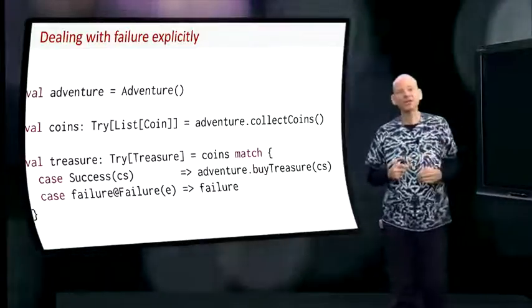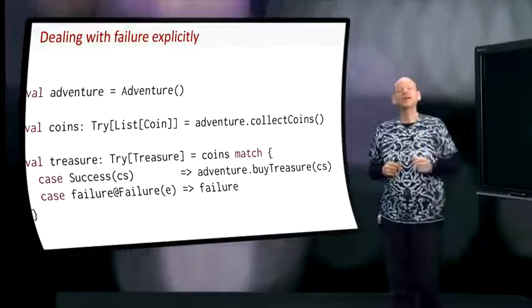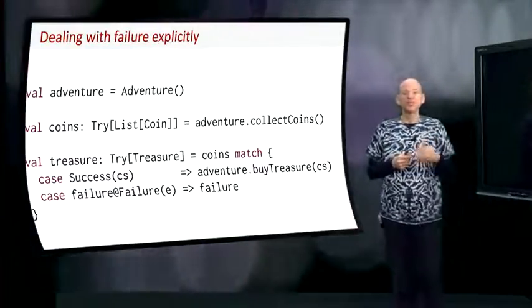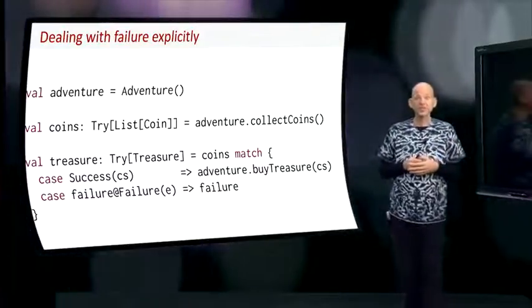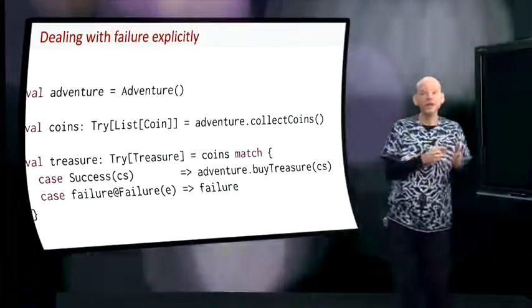Now, however, our code becomes really ugly when we want to compose collectCoins and buyTreasure. So let's look at the code here. Again, we still call the constructor, but now when we call collectCoins, we get a Try of list of coins. But notice that buyTreasure takes a list of coins, but we have in our hands a Try of list of coins.